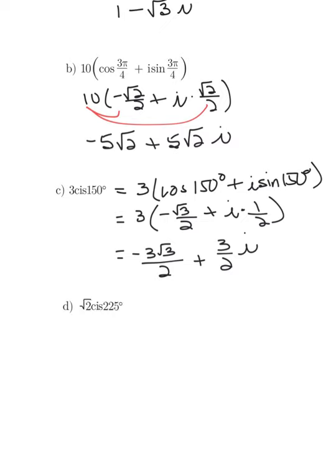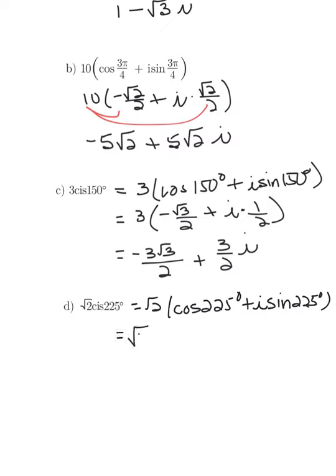For D, we are doing the square root of 2 cis 225. So remember that this is now the square root of 2 times the cosine of 225 plus i times the sine of 225.